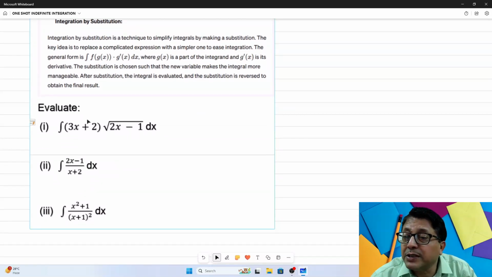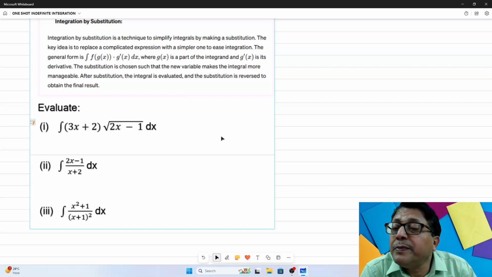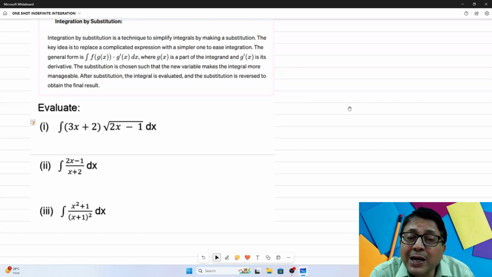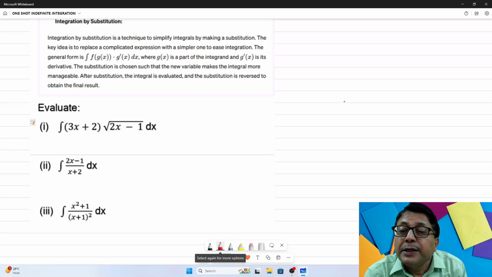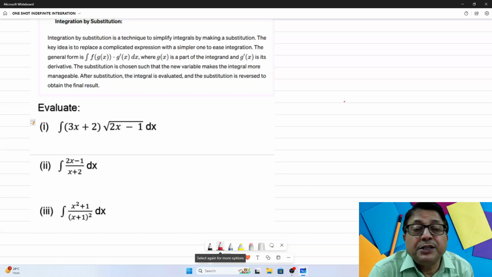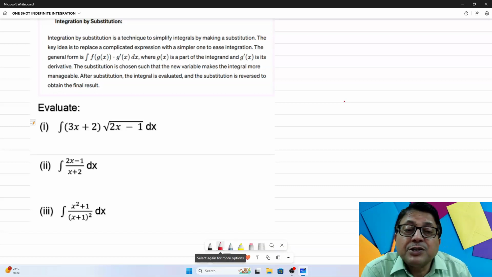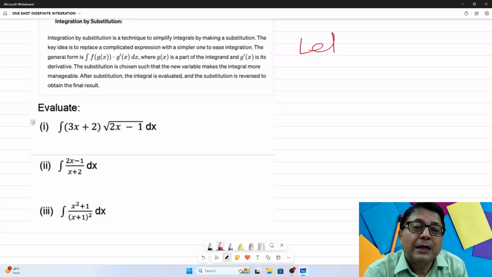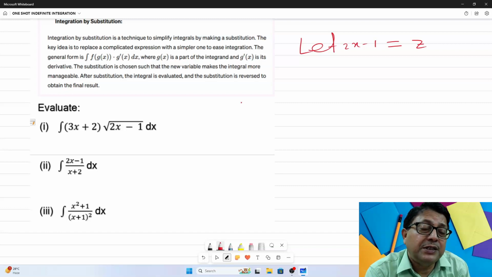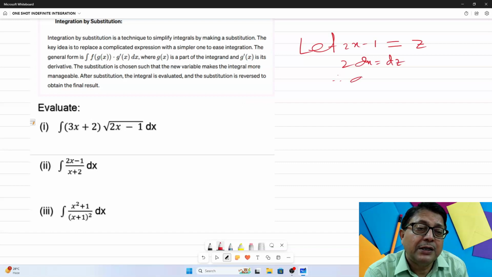Like for this one, you do not have a direct formula to manipulate this. But once you make a substitution here, the whole integral can be changed in terms of the variable you are assuming for it. Like if you take let 2x minus 1 equal to z or z square, then it will be easier. So 2 dx will be equal to dz.